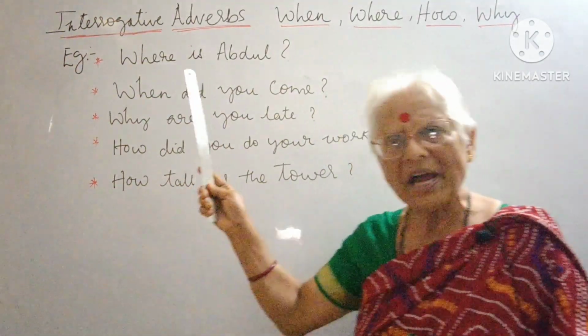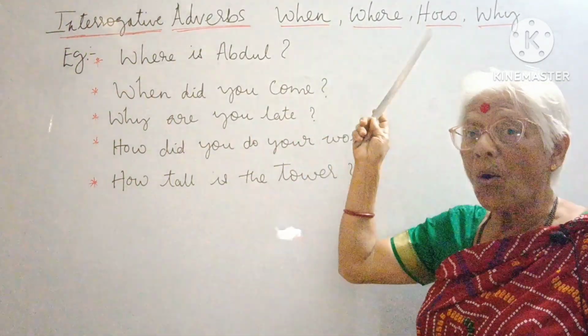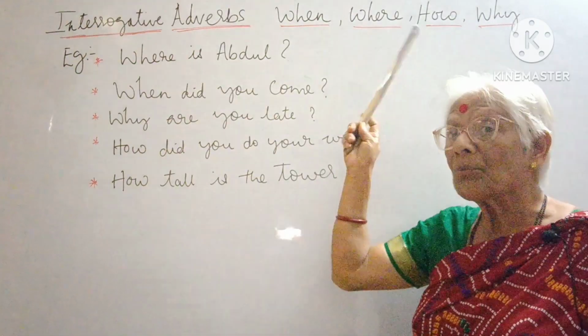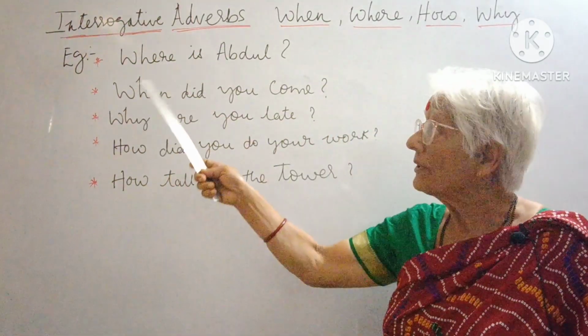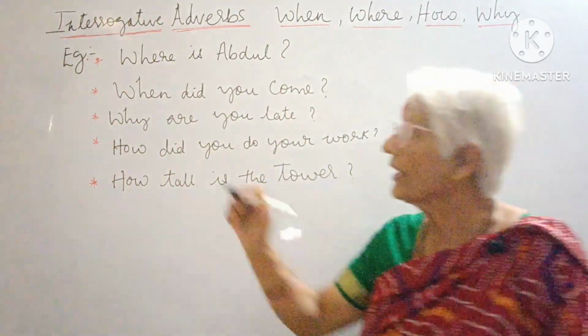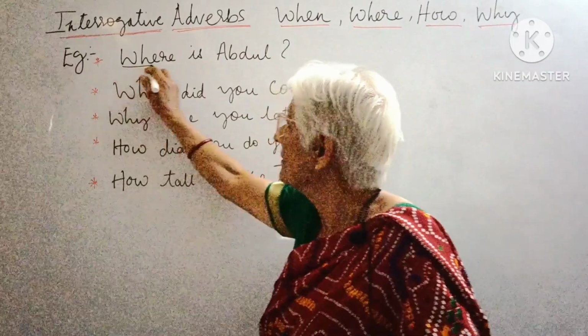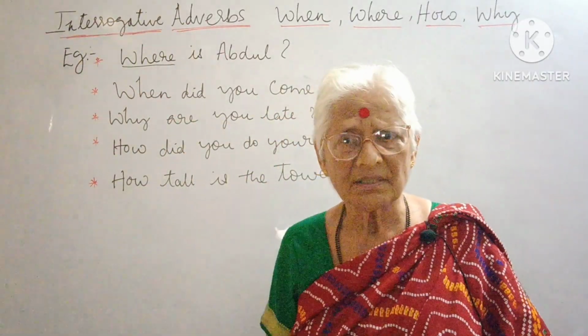Now here interrogative adverbs could be when, where, how, why. These are the WH questions for interrogative adverbs. Let's take the first example. Where is Abdul? Here I begin with the WH question, where? Maybe my answer will be Abdul is outside the class.